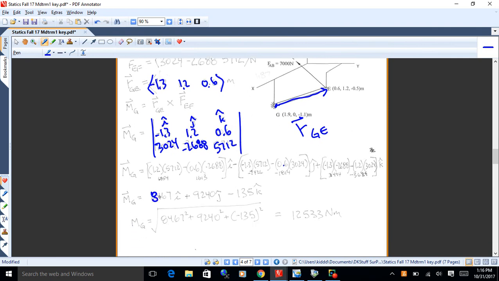And what is that? 8467I plus 9240J minus 135K. The important things on that cross are that it's got to be a position vector from G to E, not a unit vector, and G to E, not E to G. And then you cross that with the force vector. So the position vector first, the force vector second, okay?